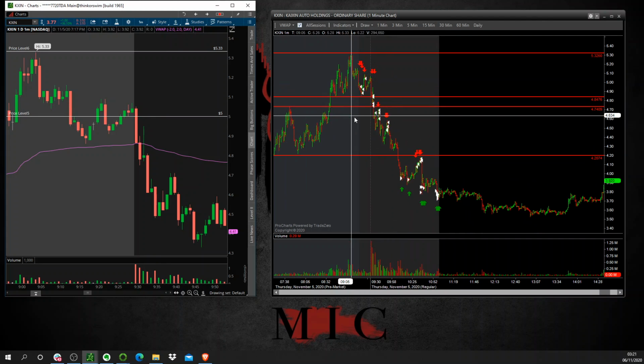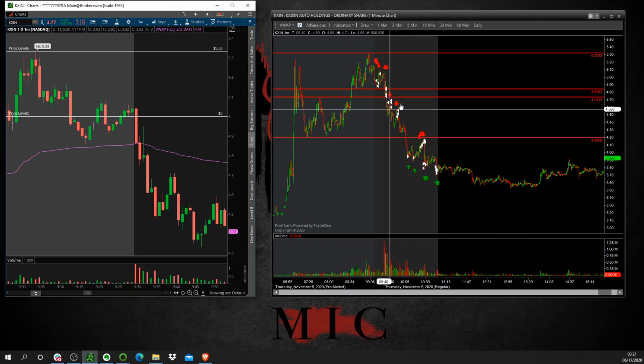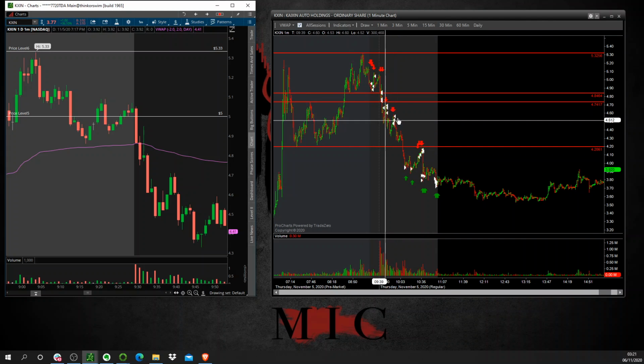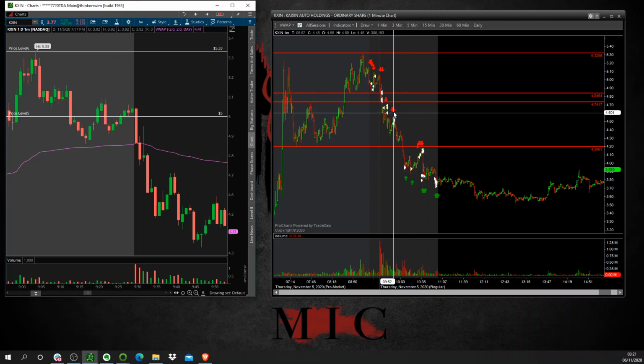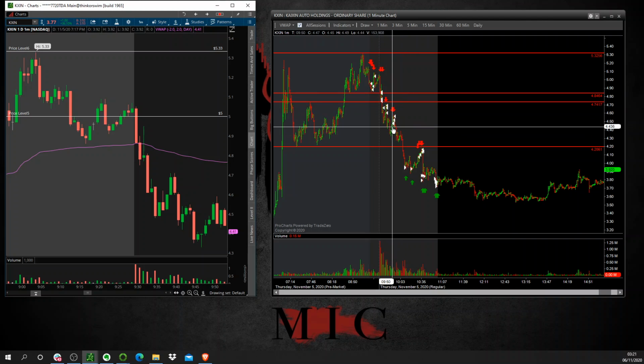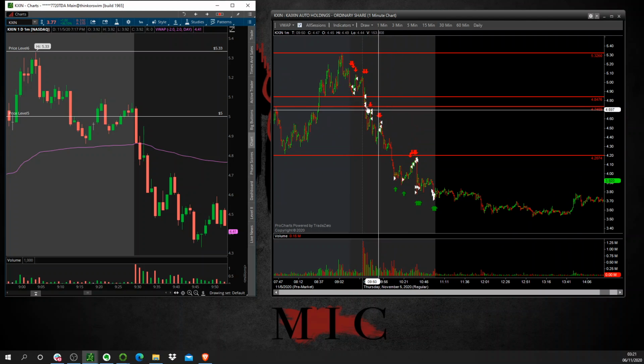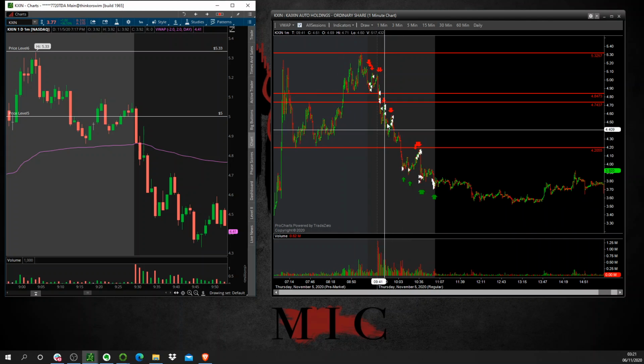And then what happened when it stuffed hard here, I added more than full size. Now I'm in more than full size, but all the adds I'm risking at break even, and leaving the main full size at my max dollar risk per trade. So here I kept that. This is a very rare case, because I kept adding too much, and as soon as it stopped here, I added more.